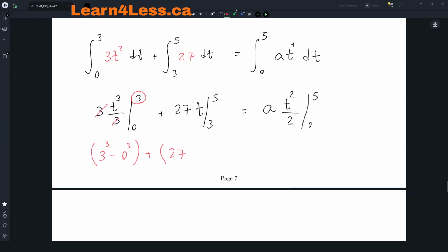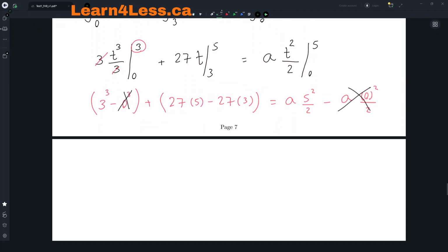I have 27 times when I plug in the upper bound, 5, minus 27 times when I plug in the lower bound, 3. And it is equal to a times when I plug in 5 squared over 2 minus when I plug in 0, a times 0 squared over 2.